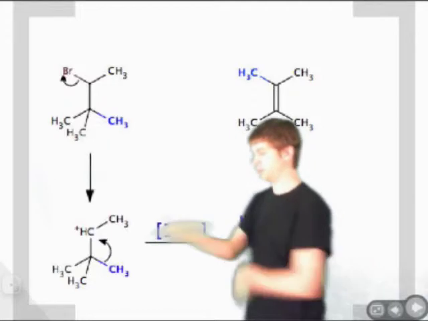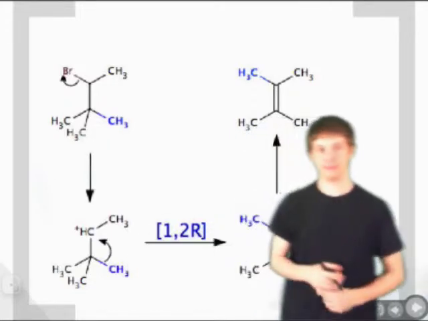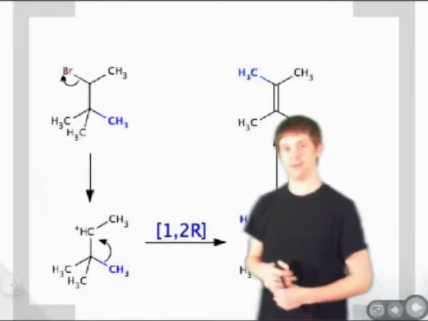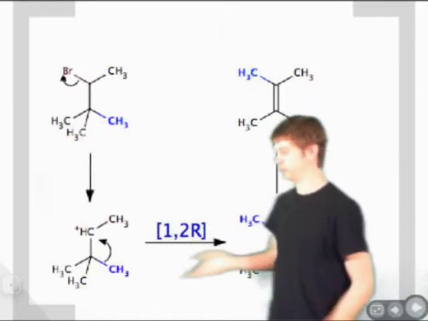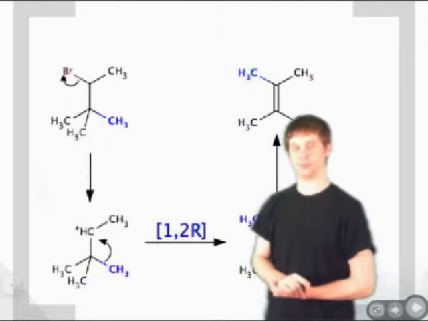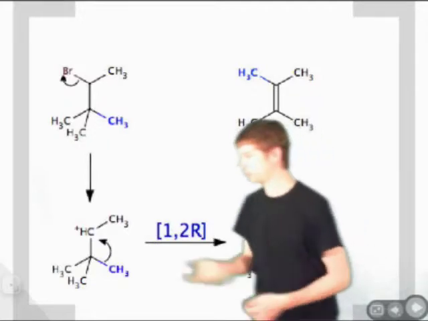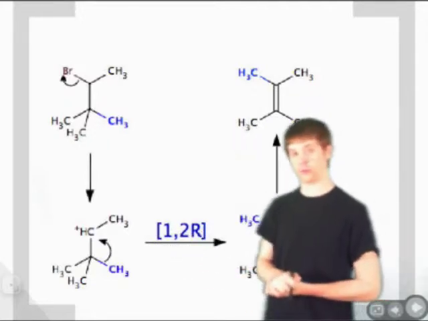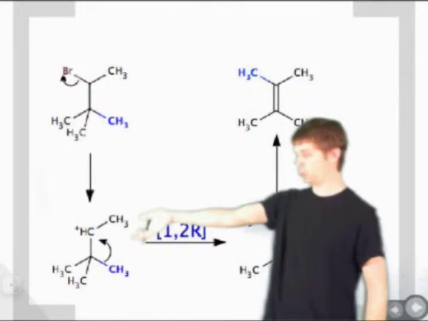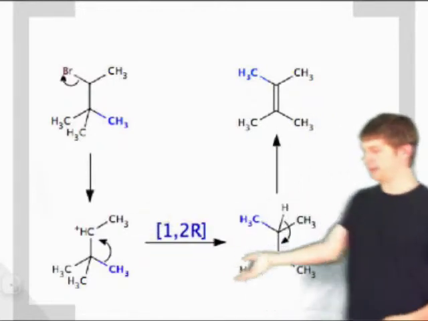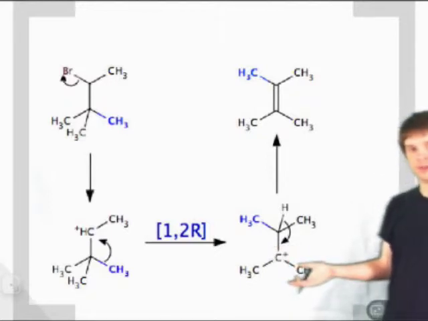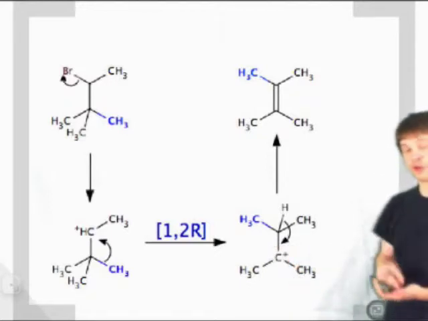And luckily, because there are 3 very juicy methyl groups right next to that positive charge, it's very possible that one of those methyl groups could simply jump over, as I've shown here. And in what's called a 1,2-R step, a 1,2 rearrangement, because the carbon moves 1 atom over, we end up generating an intermediate now where the positive charge is located on a tertiary carbon.